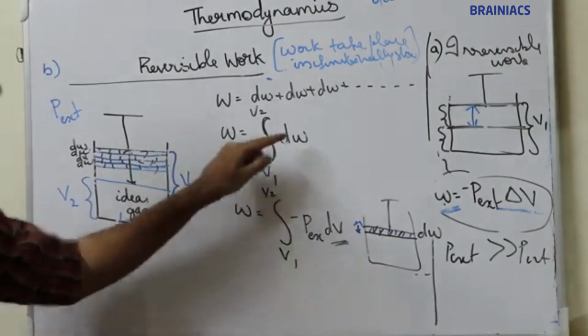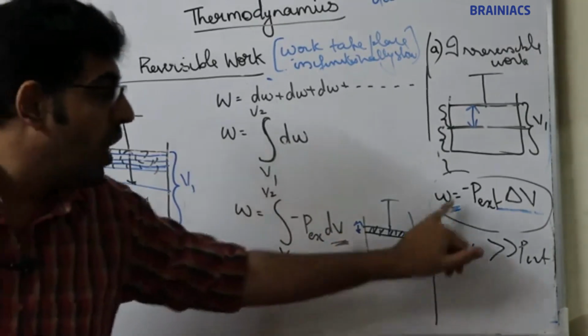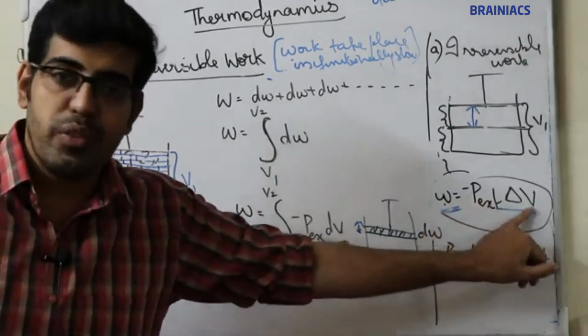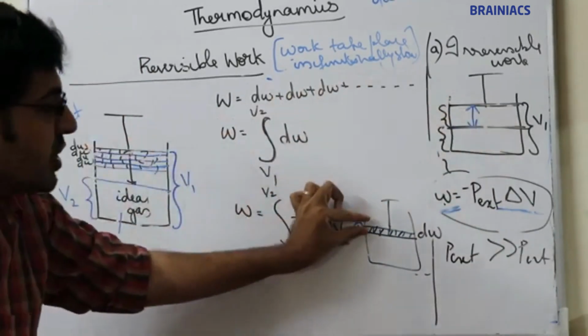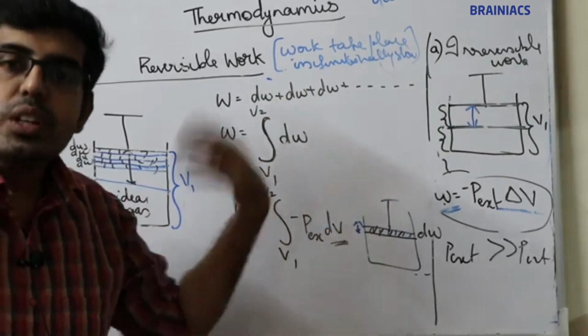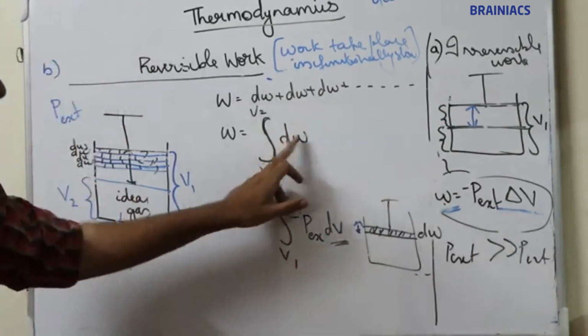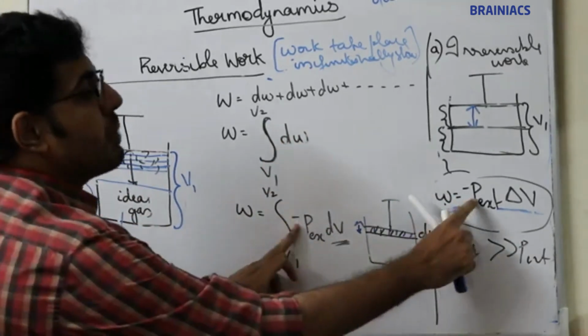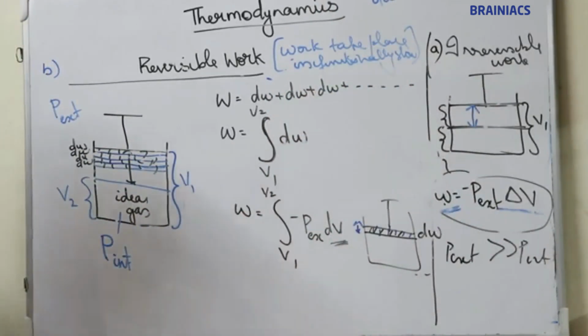So instead of dW we can write minus P external into delta V because work is minus P external into delta V. Here there is a large change, but here there is a small change. So for a small change, work done is dW. So instead of dW I am writing minus P external into dV, small change. I think it's clear till here.